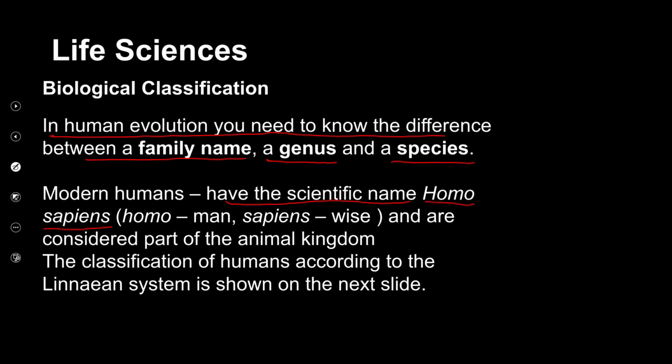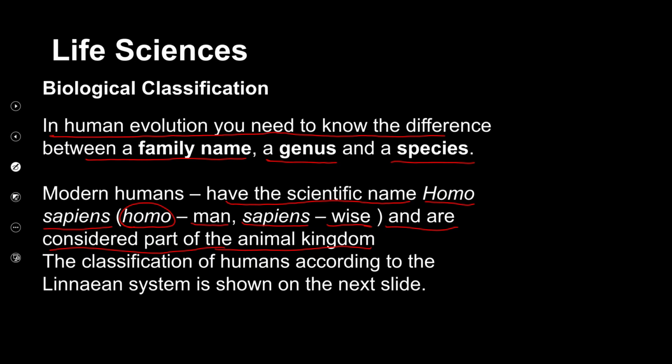Okay, now the term Homo means man and sapiens means wise. Okay, and this is where we have been named from. So those are considered part of the animal kingdom. All right. So the classification of humans is according to the Linnaean system.